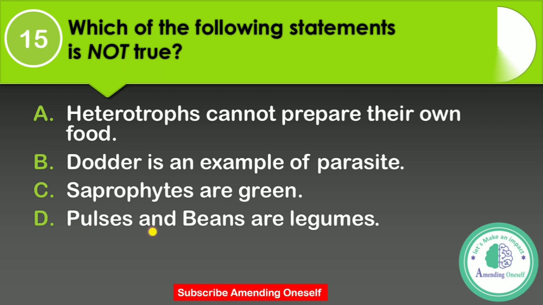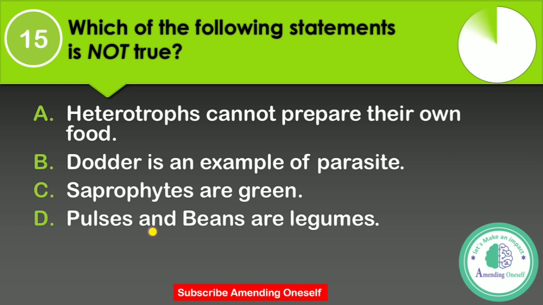I repeat the options. Option A, heterotrophs cannot prepare their own food. Option B, dodder is an example of parasite. Option C, saprophytes are green. Or option D, pulses and beans are legumes. I think you might be familiar with these questions.